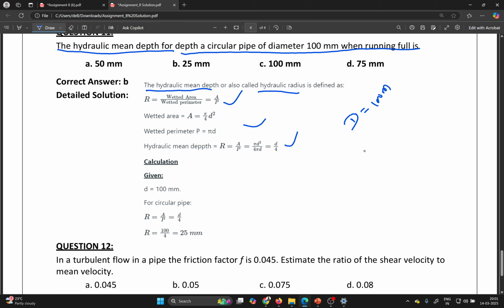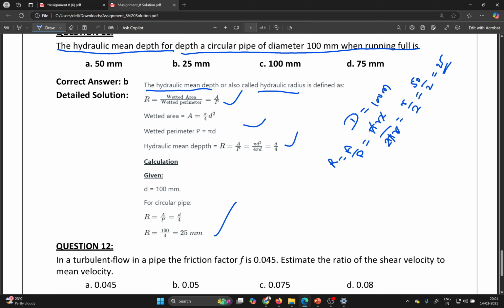So hydraulic mean depth R is equal to A by P, that is pi R square divided by 2 pi R. So pi pi will cancel out, giving R by 2. If the diameter is 100, the radius is 50, and by 2 that is 25. So your answer is 25 mm.